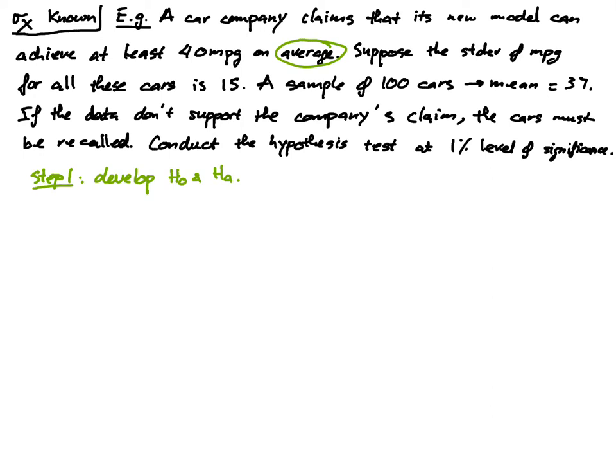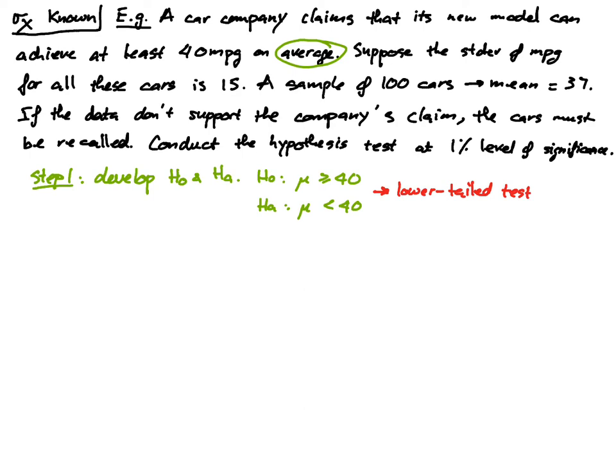So the null hypothesis is the company's original claim, which is that mu is greater than or equal to 40. And then as a researcher, you want to reject the company's claim, and so you want to show that mu is less than 40. Looking at these hypotheses, we know that this is a lower tail test.